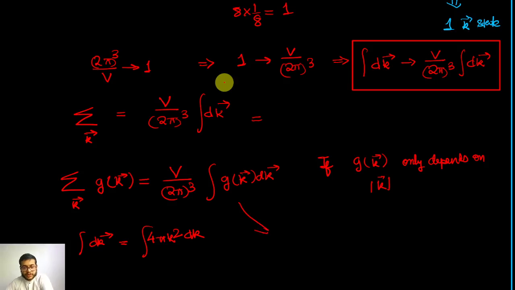So this becomes the integral v by 2 pi cube gk 4 pi k square dk.